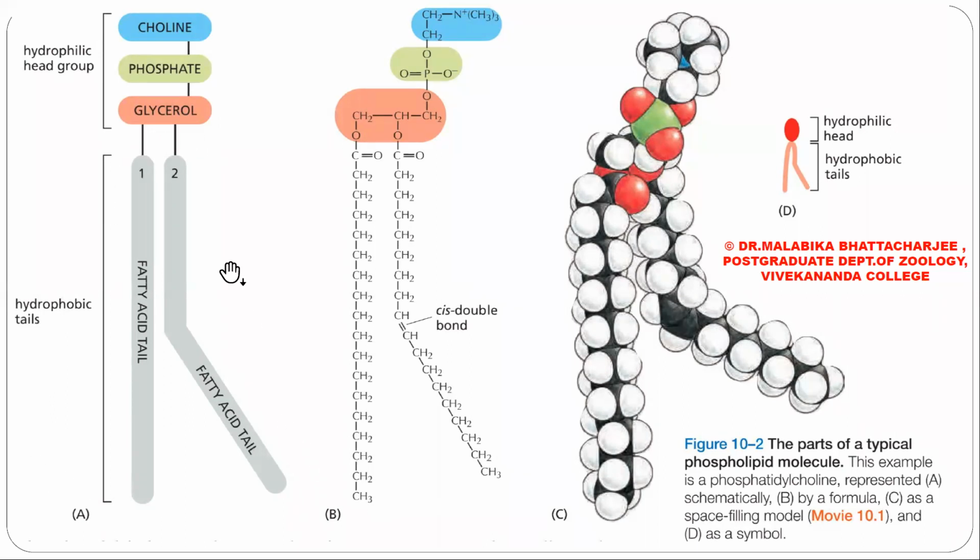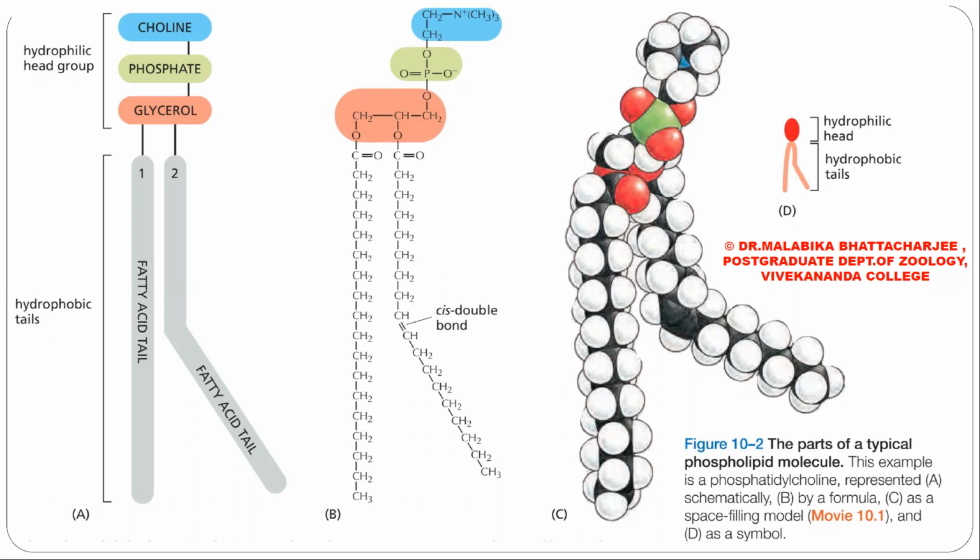The tail is the fatty acid tail, and the head here is phosphatidylcholine, but in the lipid we also find phosphatidylserine, phosphatidylethanolamine, phosphatidylinositol, phosphatidic acid, and sphingomyelin.